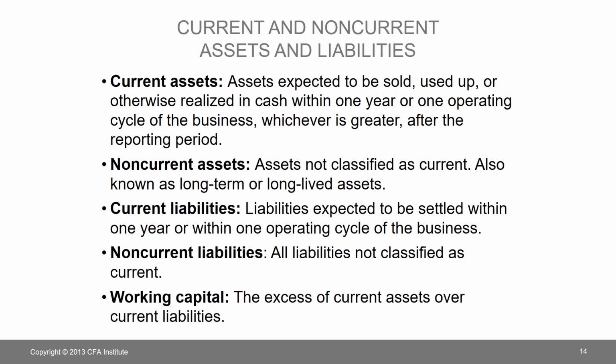It is held primarily for the purpose of being traded. It is due to be settled within 1 year after the balance sheet date. Or finally, the entity does not have an unconditional right to defer settlement of the liability for at least 1 year after the balance sheet date.